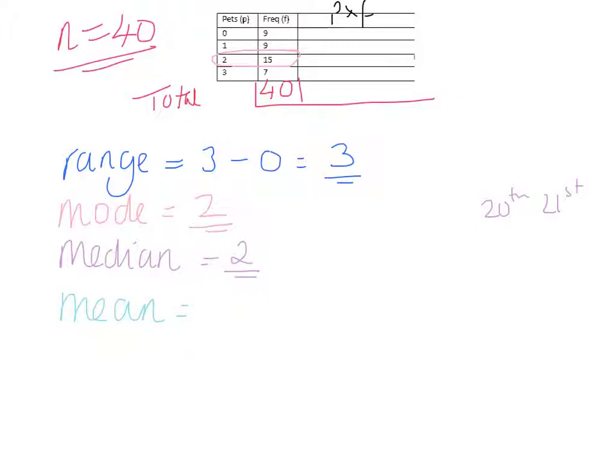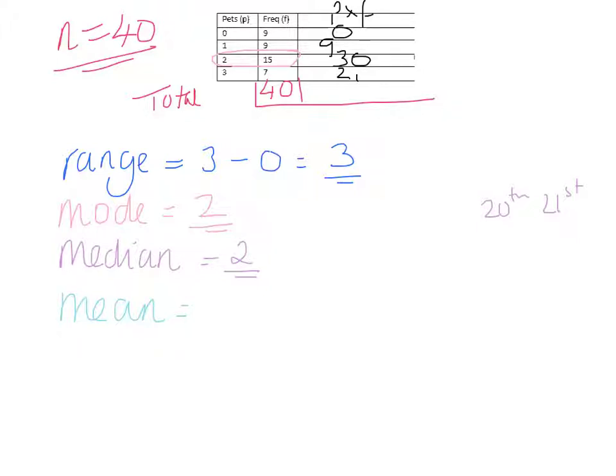So I've got P times F in my last column there, and I'm going to just multiply them together. So 9 people had no pets, so altogether no pets. 9 people had 1 pet each, so altogether I've got 9 pets. 15 people had 2 pets, so altogether there's 30. And 7 people had 3 pets, altogether they have 21.